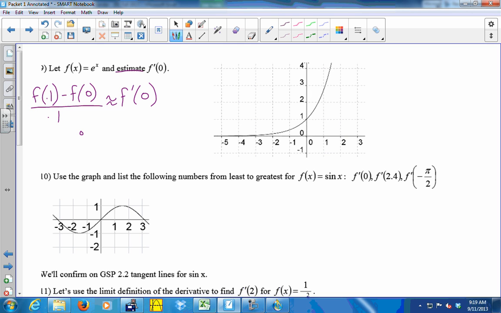Or you could remember that the derivative at a point is the slope of the tangent line at that point. So we could go to my point, x equals 0, draw a tangent line, and estimate its slope graphically. Right?